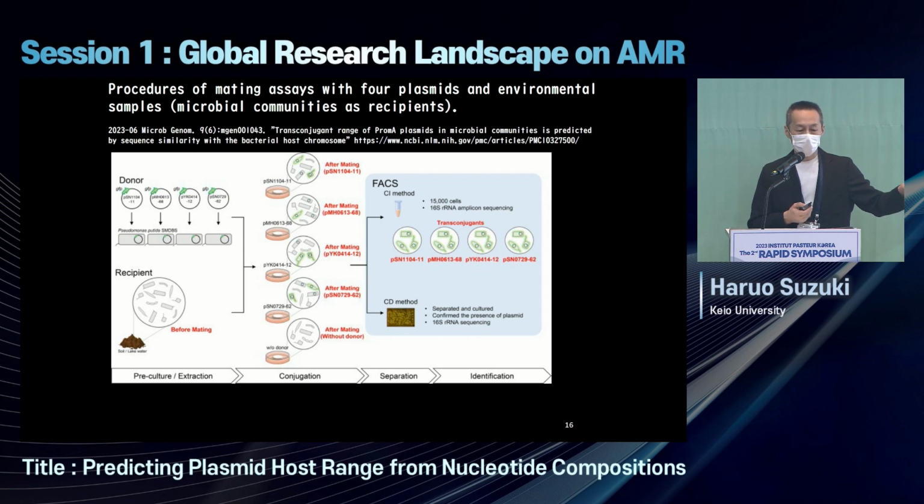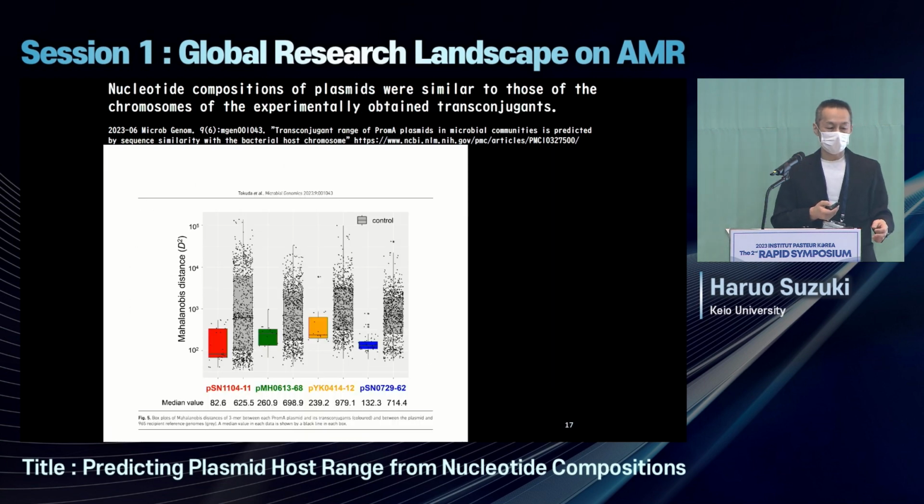After that, transconjugants, meaning bacterial cells with plasmid, were sorted by GFP expression at the single cell level. Then sequencing was performed to determine the DNA sequence of the transconjugants.